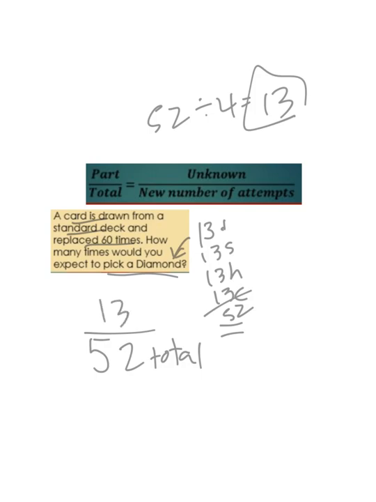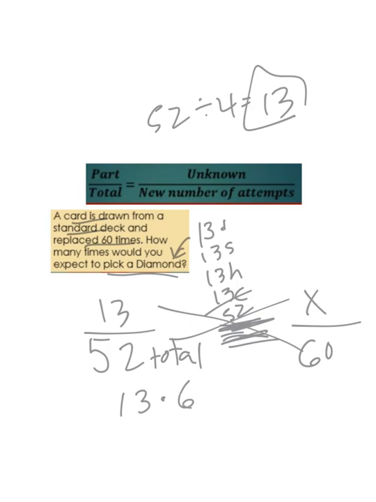So 13 total. And I'll just draw this equal sign a little fatter so I can do my proportion on the other side. If we were to pull 60 cards, we don't know how many times we would get what we want. So 13 times 60 equals 52 times x. I'm going to have to scribble some work on my page. All right, multiply that.